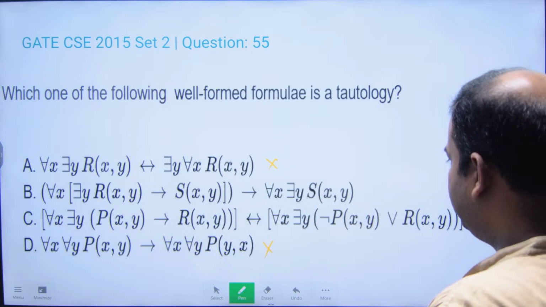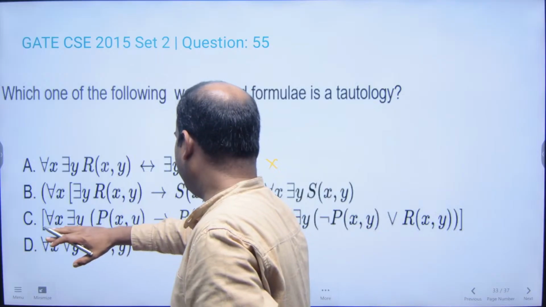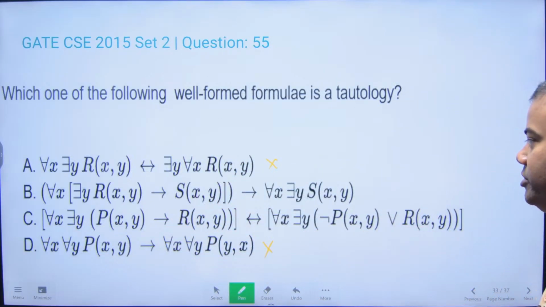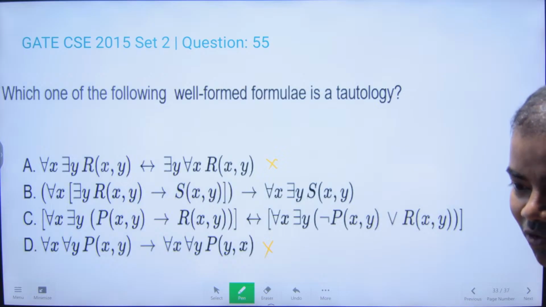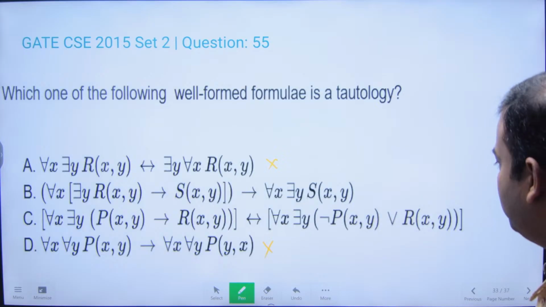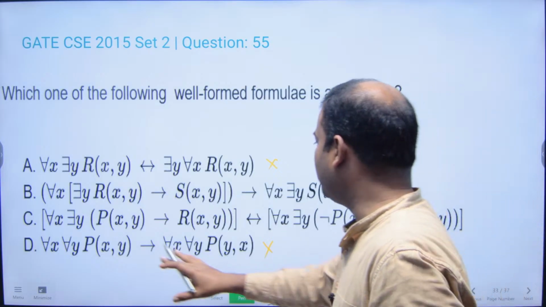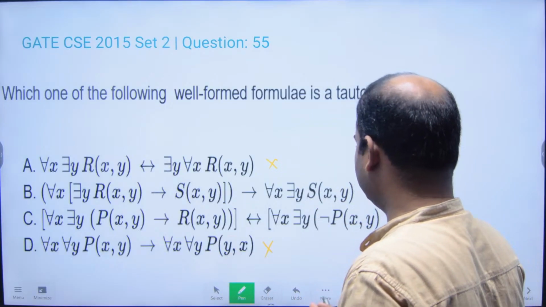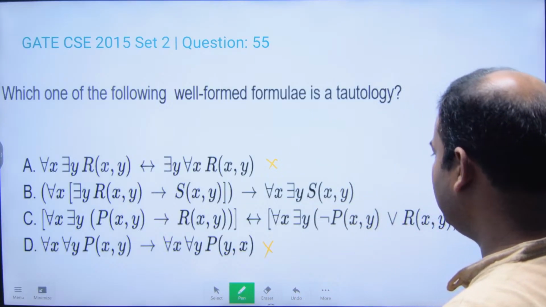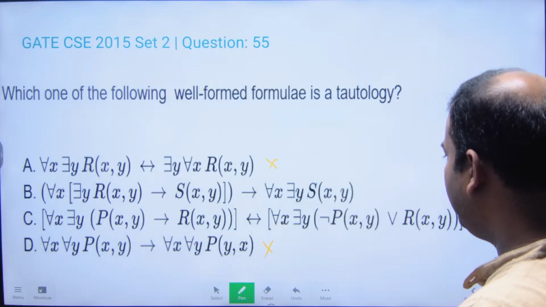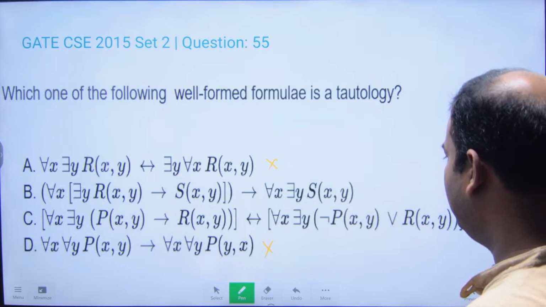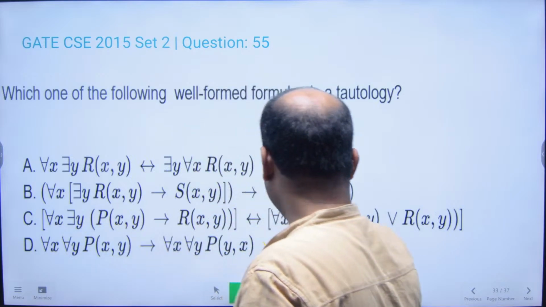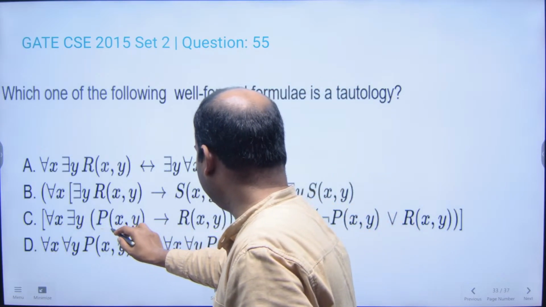So C is saying that, when there is a biconditional, you have to say that both sides are equal. So you have to check that this and this are both the same or not. For all x there exists y, yes, so this portion is okay. Now what is done, p(x,y) and r(x,y), yes. For all x, this is the same, so you have to check this portion only.